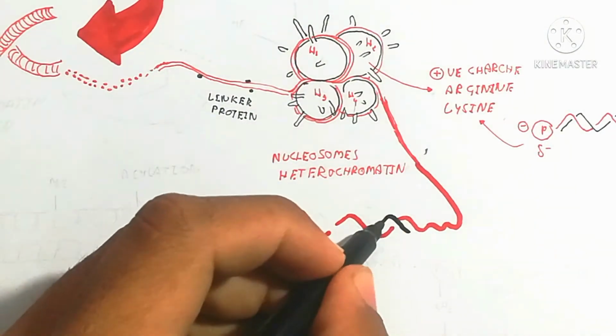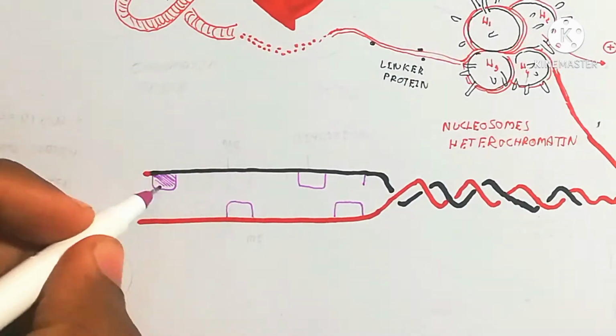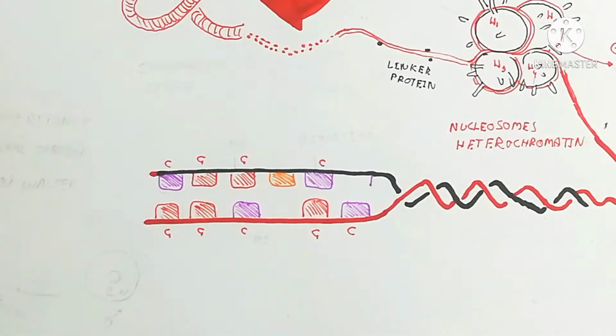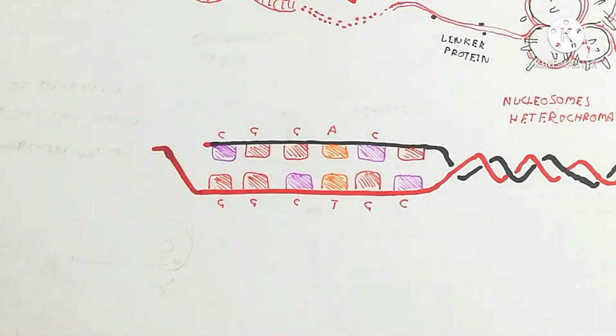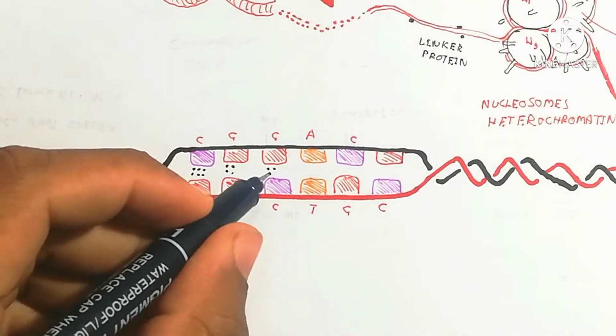So here is the DNA, which I am magnifying, and this magnification shows that the guanine, cytosine, adenine and thymine subunits contain hydrogen bonding.